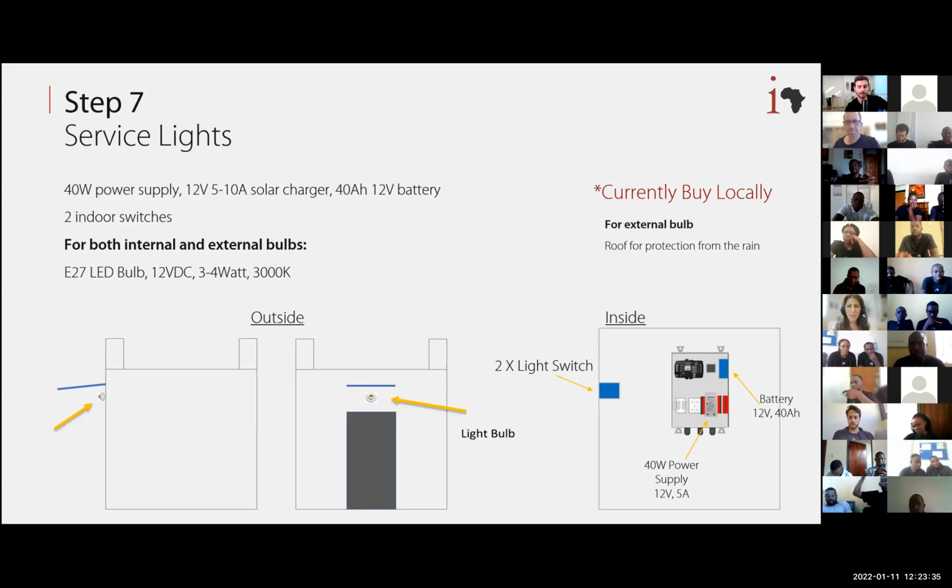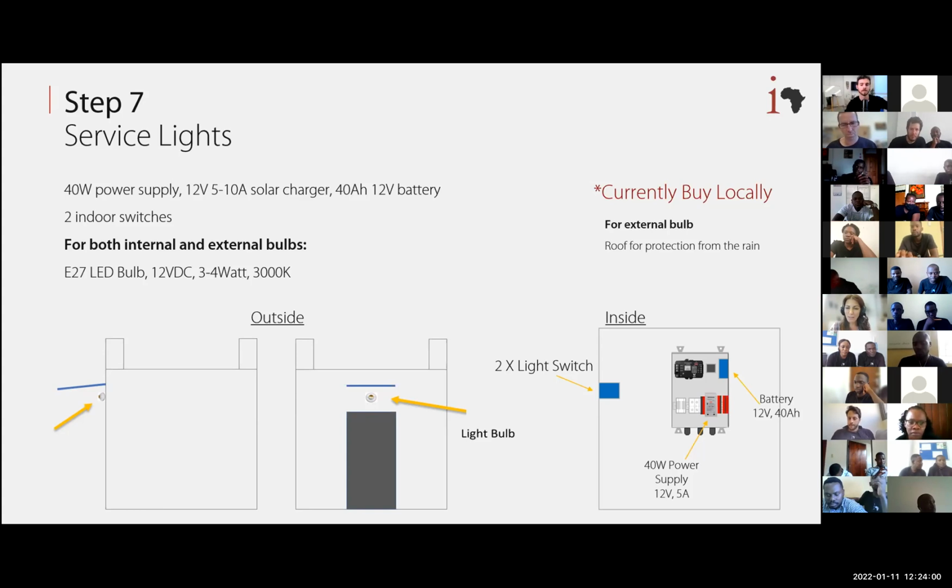So Ben, just to make sure that everyone understands. Yeah. So right now we just finished with those 3 components that we are installing inside the pump room, and now we're going to be talking about the light. Why do we need light inside the pump room, and why do we need light outside of the pump room?